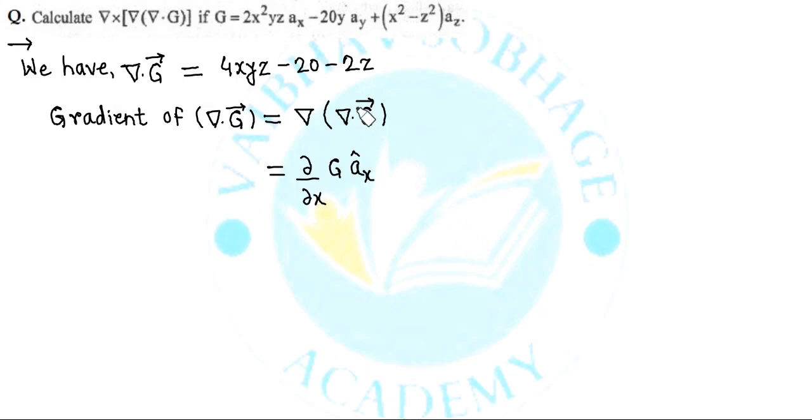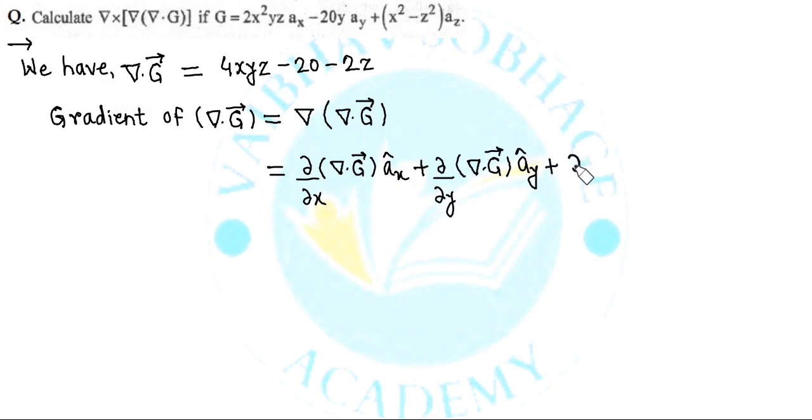So we write: d by dx of del dot g, that is the divergence of vector g, along ax, then d by dy of the divergence of g along ay, and then d by dz of the divergence of vector g along az.